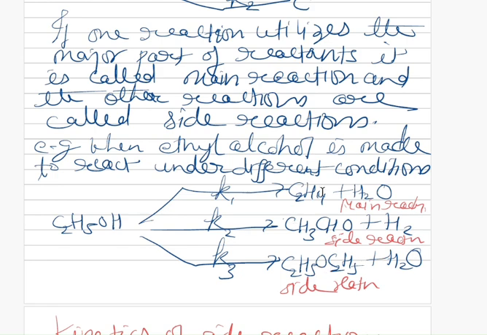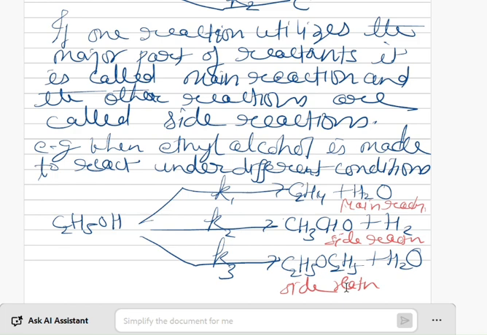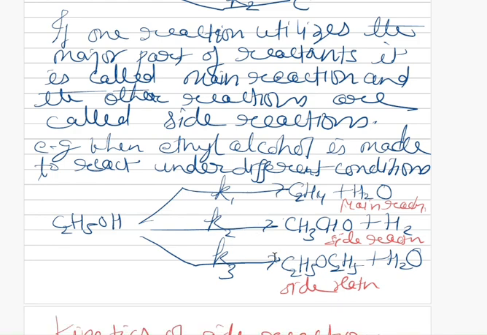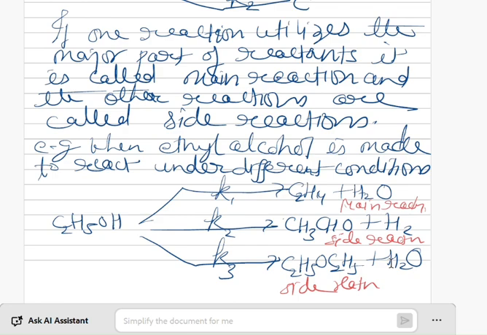It means the alkene, the aldehyde, and the ether are all formed from ethanol, and the rate constants are different for each reaction. For the first reaction it is K1, for the second it is K2, and for the third it is K3. The reaction utilizing the major part of the reactant is the main reaction, which is the ethene formation, C2H4 plus H2O. The other two are called the side reactions.